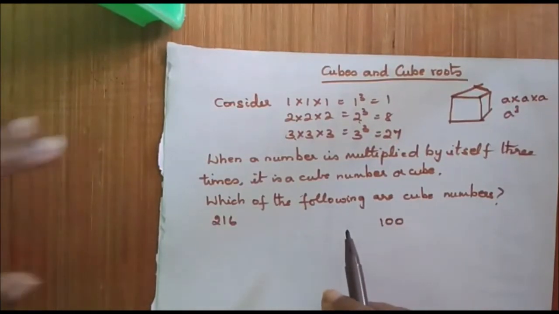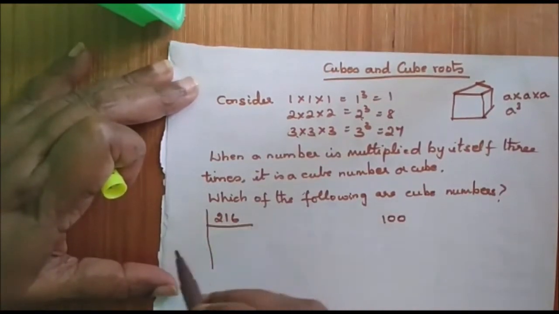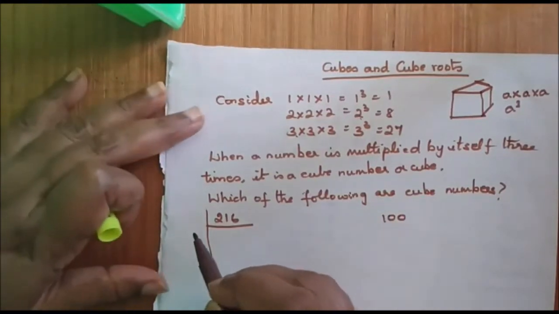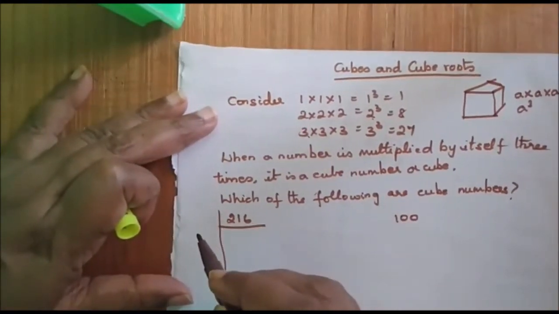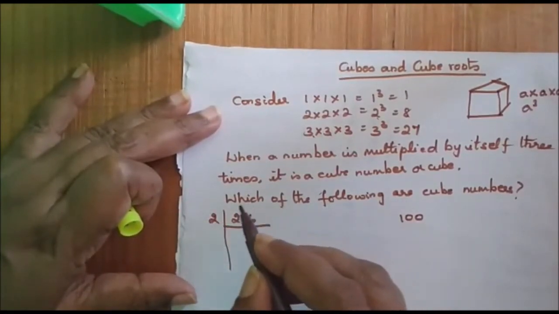Now, if a number is given, how do we find whether it is a cube number or not? For that, we will use the prime factorization method. 216 is the number that is given.